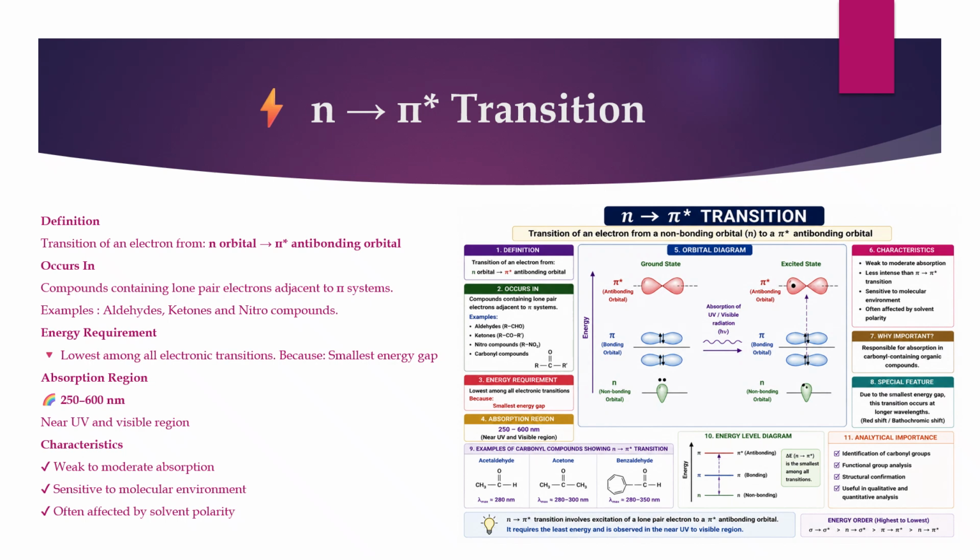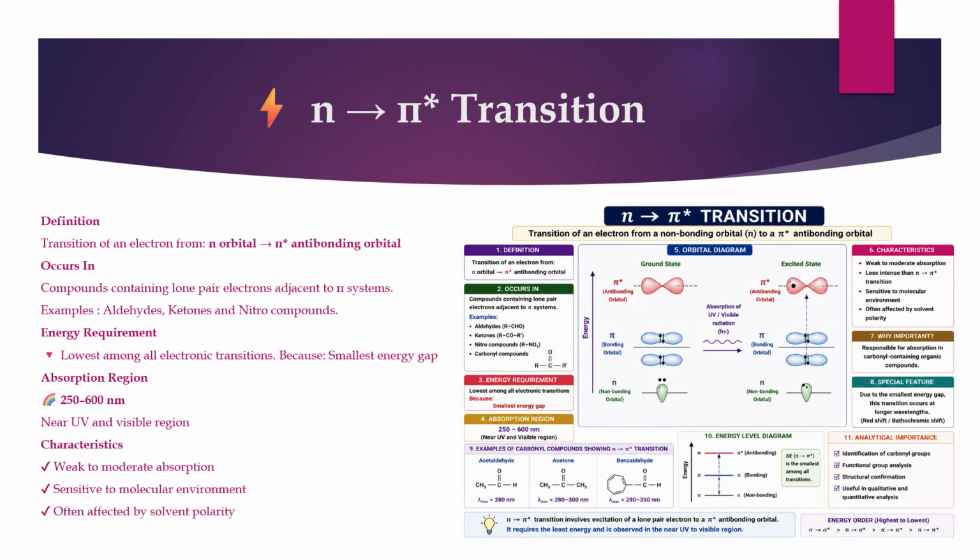The image clearly shows this upward excitation, and this transition requires the least amount of energy among all four electronic transitions. This is because the energy gap between the non-bonding orbital and the pi antibonding orbital is very small. That is why this transition occurs at longer wavelengths, usually between 250 and 600 nanometers.